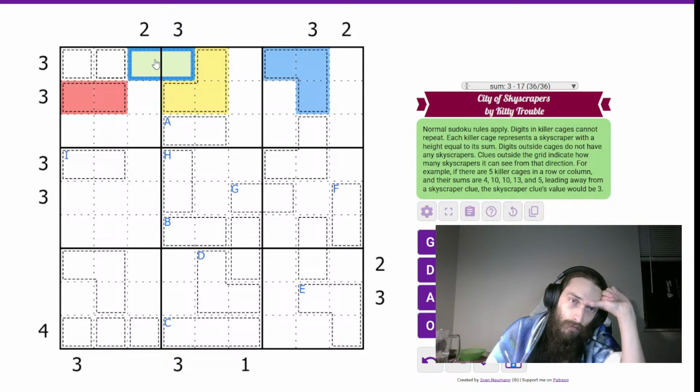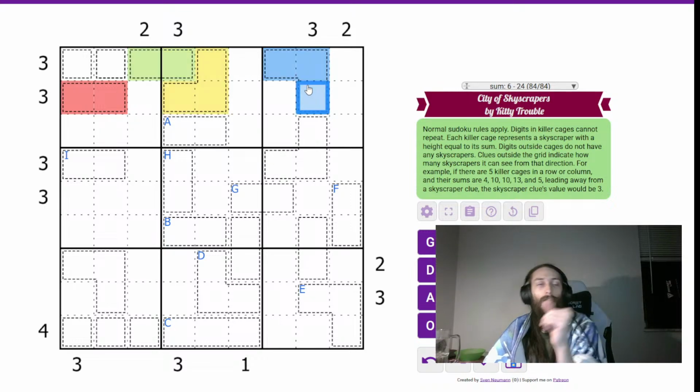But if this is 3, then that would be 4. So this is 4 through 9, and this is 3 through 8. Which doesn't restrict yellow or blue very much.